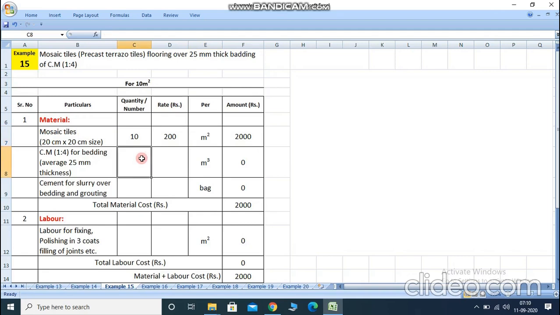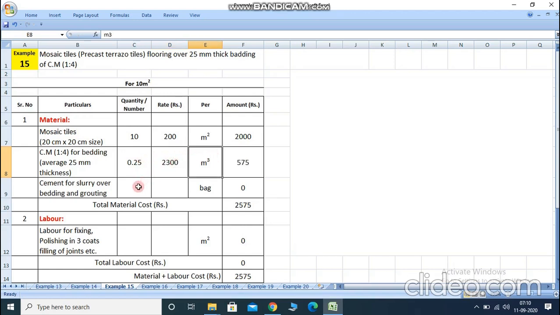We already calculated the cement mortar quantity in the last example, so we directly write 0.25 cubic meter as the quantity of cement mortar. The rate per cubic meter of cement mortar, as per the book value, is 2300. So we got the answer 575 rupees.